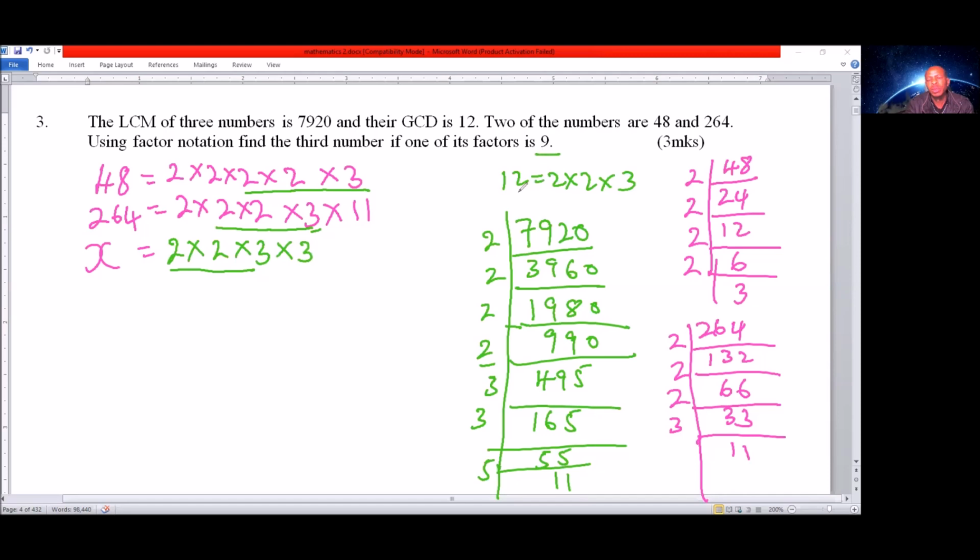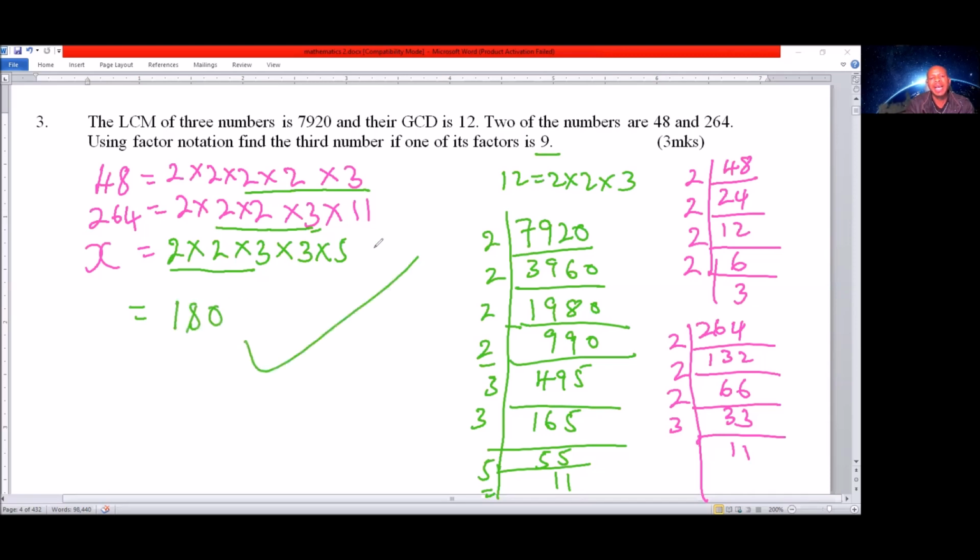In fact, we are told one of the factors is 9, which is the same as 3 times 3. 5 is not available in the upper numbers, so here we must have 5, so that we choose this 5 in our LCM, and here we have 11. So when you multiply that, this is 2 times 2, this is 2 times 2, 4 times 3, 12. 12 times 15 will give you 180.